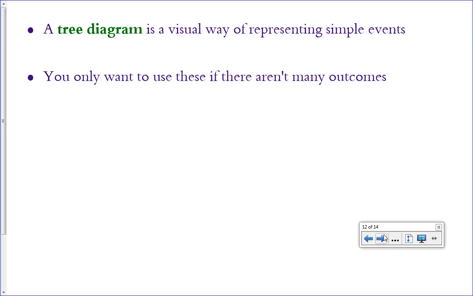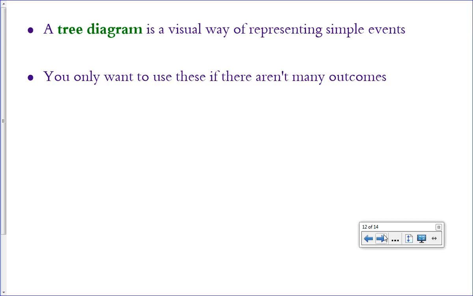Or if you obtained white on your first grab, this second grab could again be red or white. And so we've branched off into all of these possible pathways because it's an event happening after another event. So we've basically got a branch for each event here, a branching, I should say. Like this is one branching, and this is the second branching.